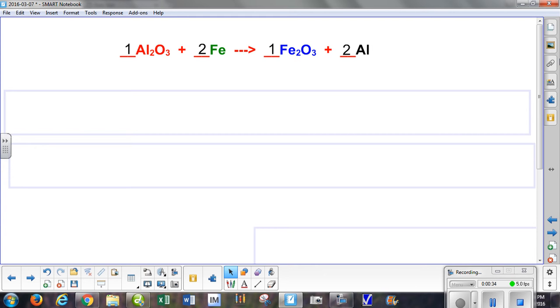And so watch as I do this. I do it in a very, very organized fashion, which allows me to rule out things as I go, which is pretty neat.